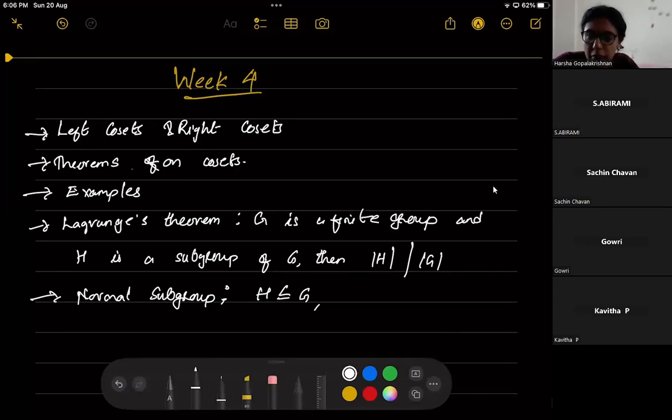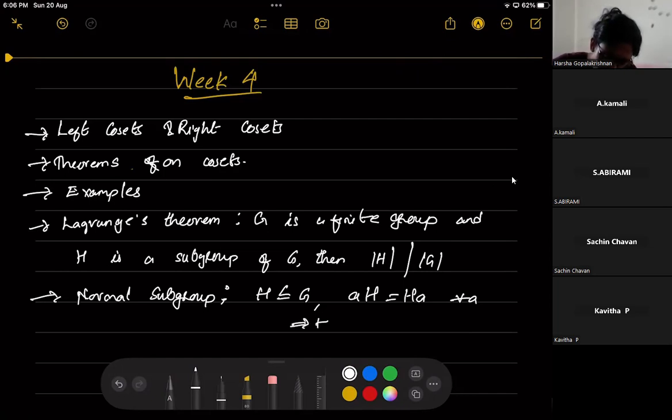If H is a subgroup of G, we know how to find the cosets, right? We are finding the left coset and the right coset. If the left coset aH equals the right coset Ha for all a, in that case we will say H is normal. This is the definition of normal subgroup.